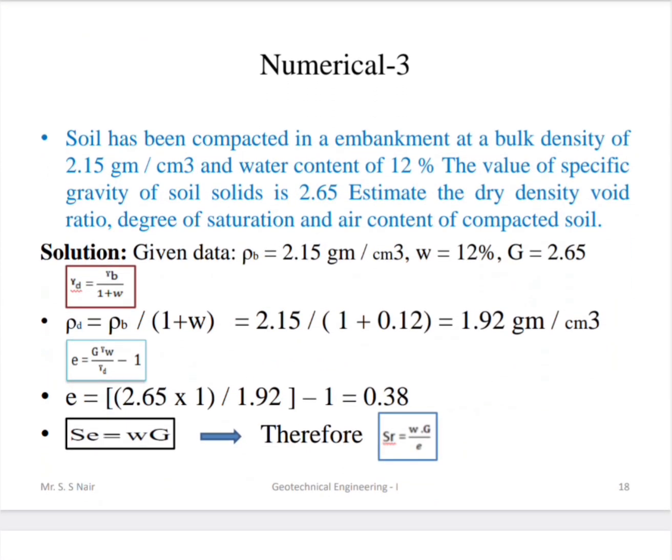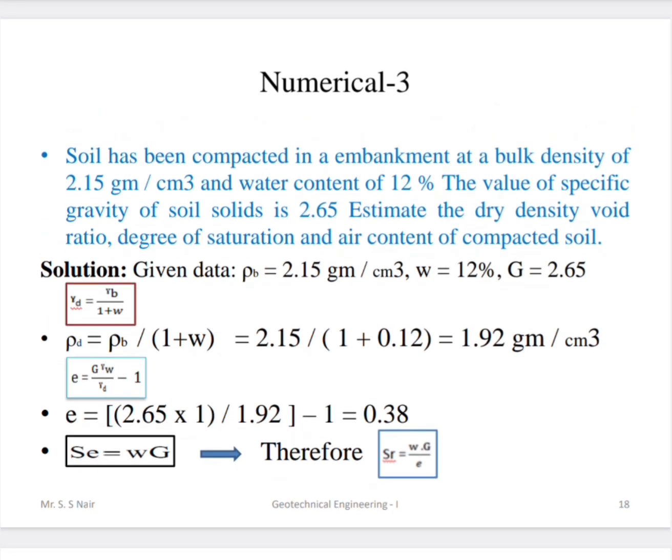Here also, in numerical 3, we will be having a compacted soil at a bulk density of 2.15 gram per centimeter cube, water content 12%, specific gravity 2.65. Estimate dry density, void ratio, degree of saturation, and air content. We all know the formula: dry density equal to bulk density divided by 1 plus w.